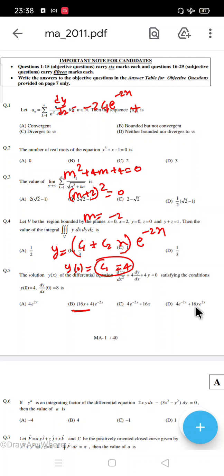It should be minus 2x, I think it will be 16. Option B must be the correct one. You just need to put x equal to 0 in that derivative, and you will get it, yes.